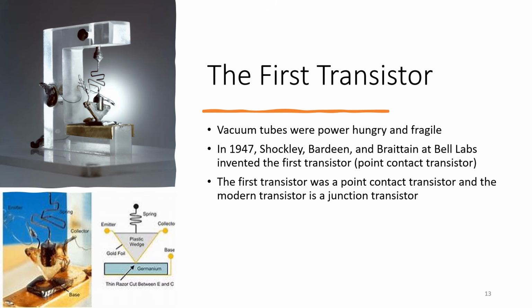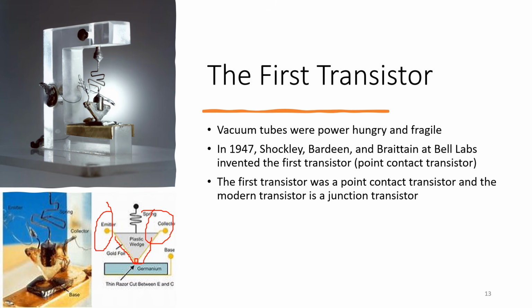So in 1947, Shockley, Bardeen and Brattain at Bell Labs invented the first transistor, and it was a point contact transistor. If you see here, it consists of an emitter and a collector, and on the outer side there is a gold coating, and at the base you have a connection at the point.